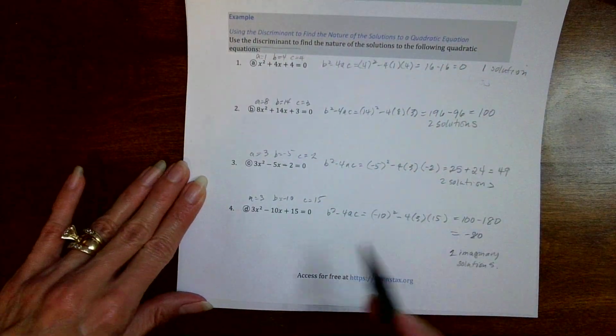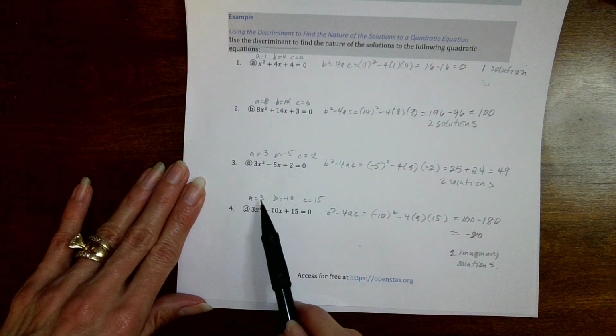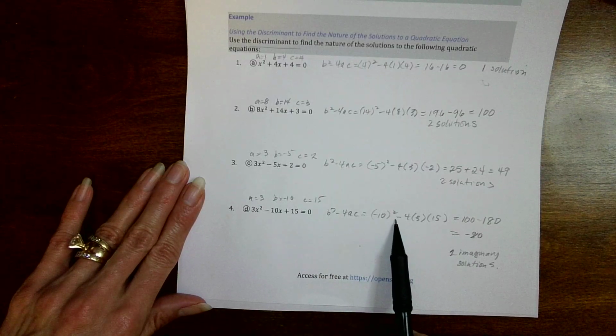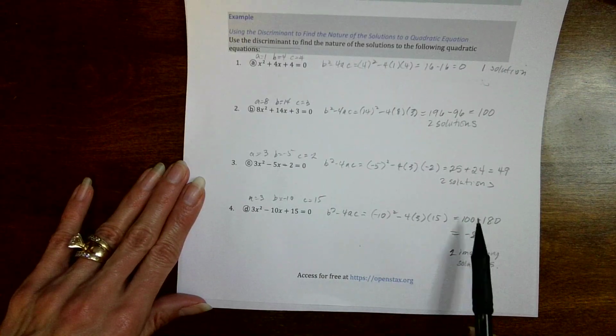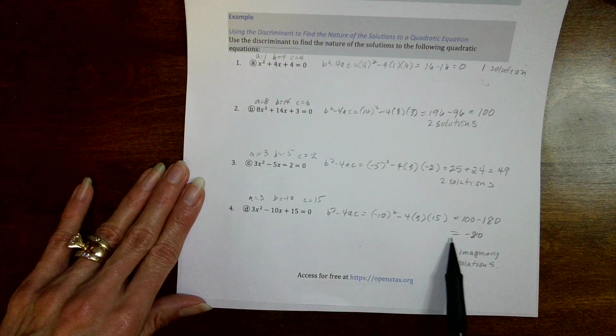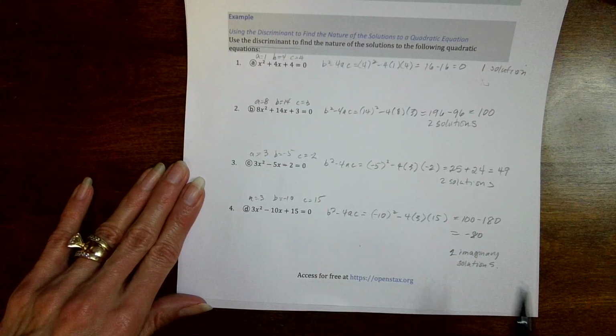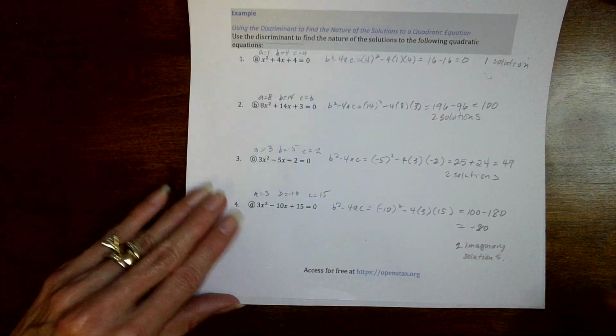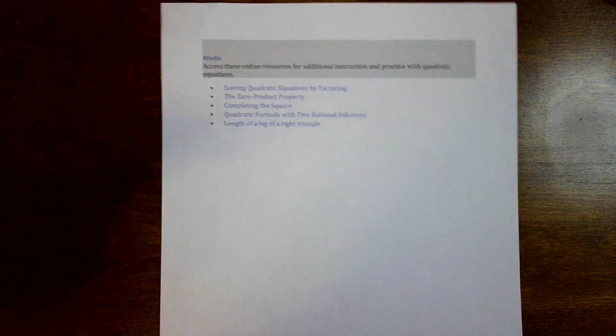Let's go over this again. Negative 10 squared, minus 4 times 3 times 15 gives me 100 minus 180, which is negative 80. Since this is a negative number, I have two imaginary solutions.